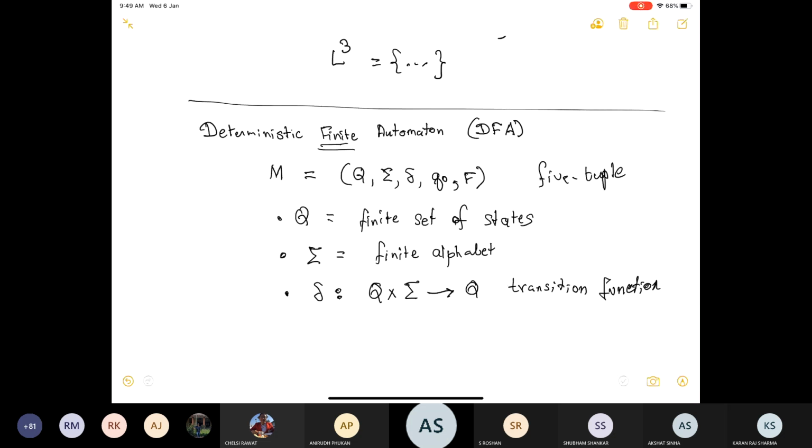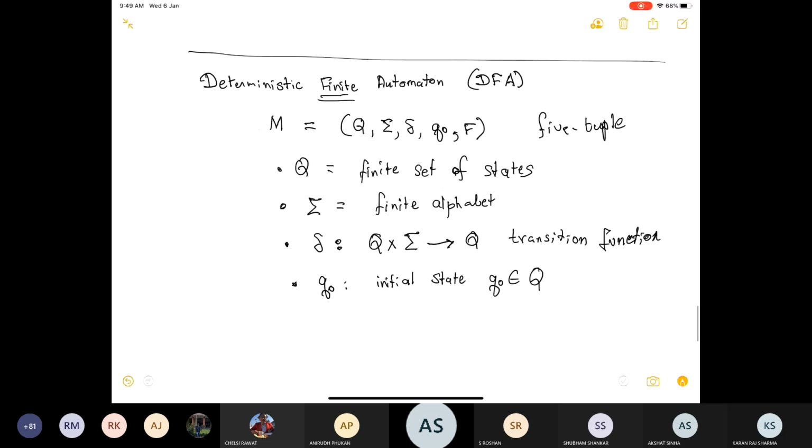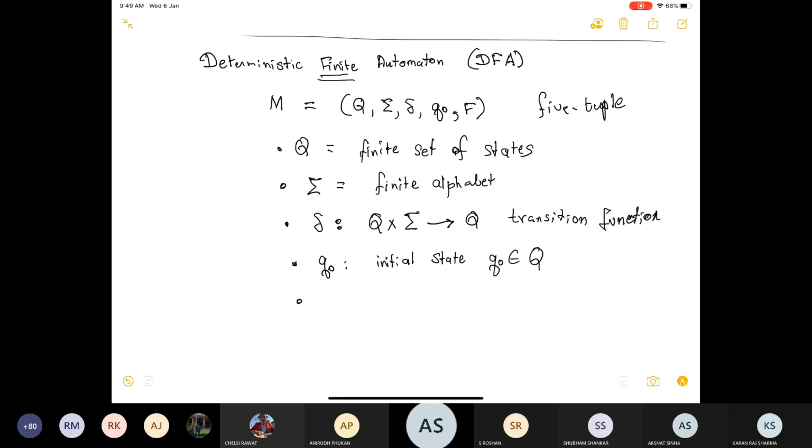This q0 is just an initial state, so it's an element of capital Q. And finally, capital F is a set of final, also called accepting, states.